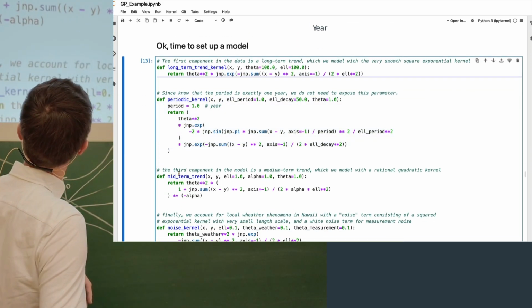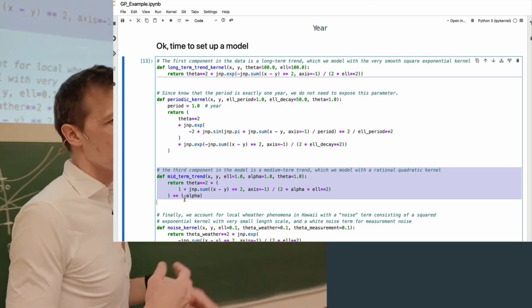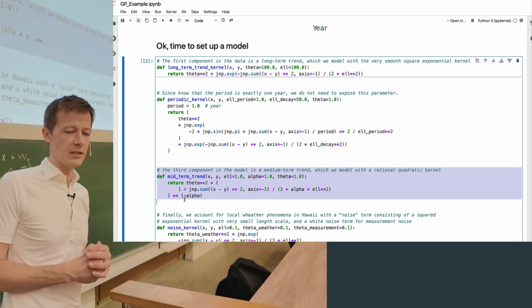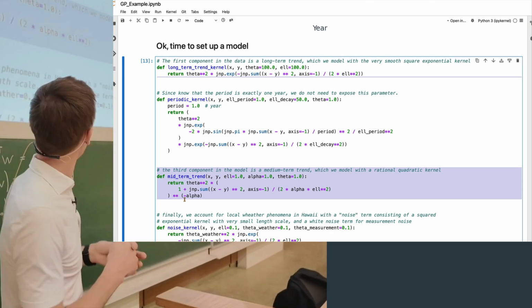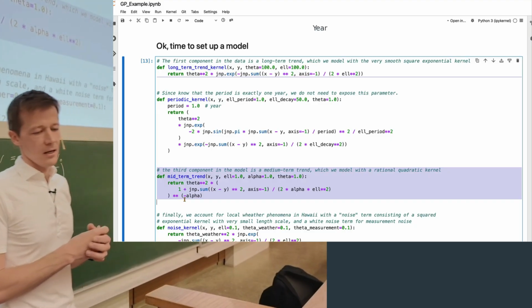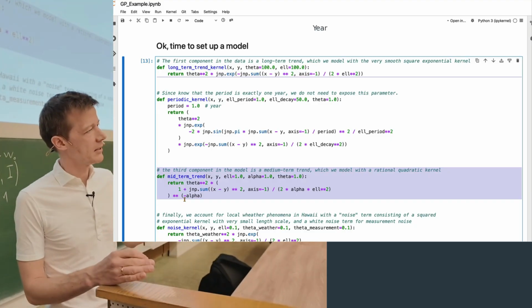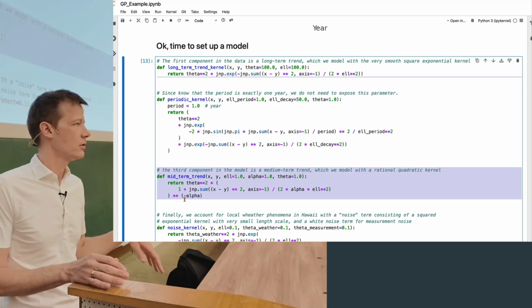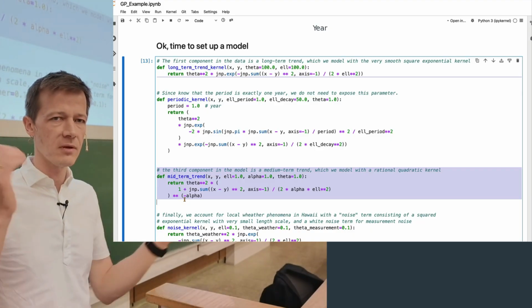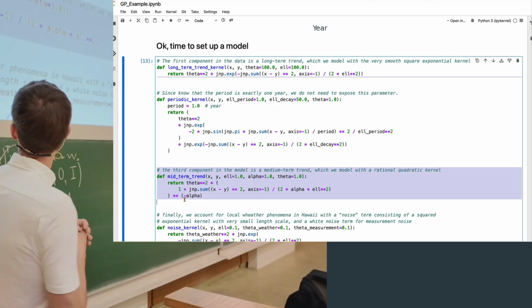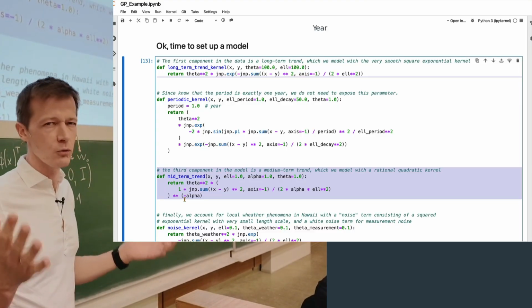Thirdly, I'm going to assume that there are some medium-term things going on as well. Let's say something like weather patterns. There are some years that are a little bit warmer, a little bit colder, more wind, less wind, that move around the CO2 a bit more. Or it might also have something to do with what we do with the atmosphere.